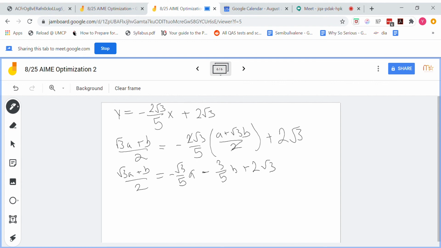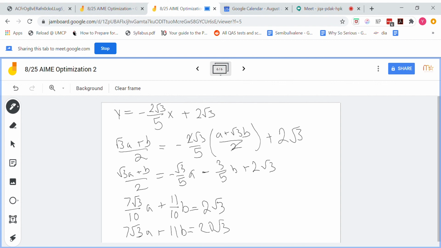And so this gives us 7 root 3 over 10 A plus 11 over 10 B must equal 2 root 3. And so what we end up with is 7 root 3 A plus 11 B equals 20 root 3. Okay, so now we figured out a constraint for A and B, correct?